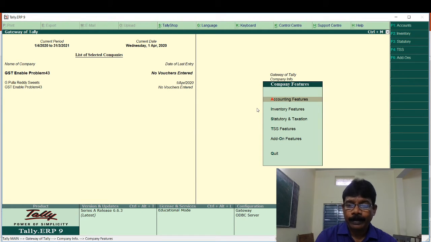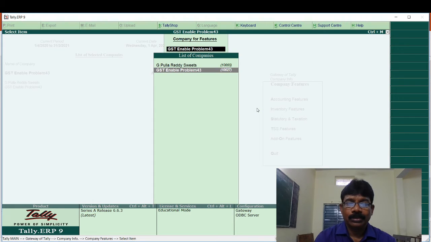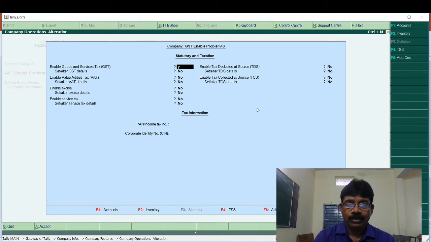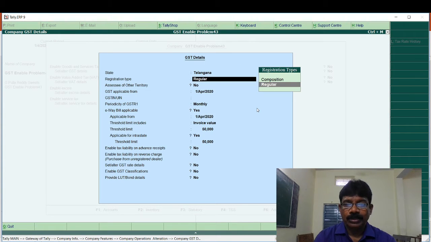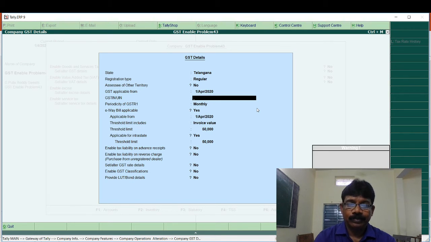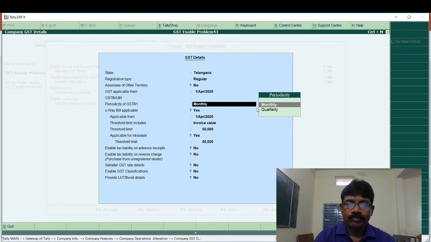F11, statutory and taxation, GST enable. Regular. We have to give the number, but we can give it later.